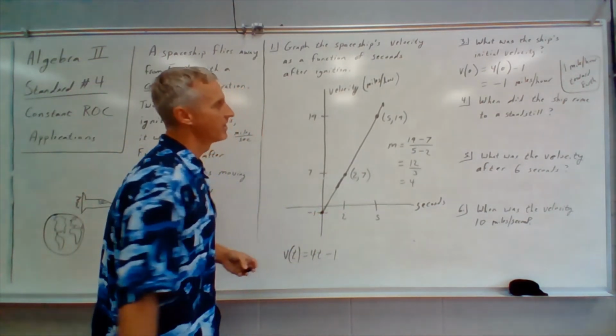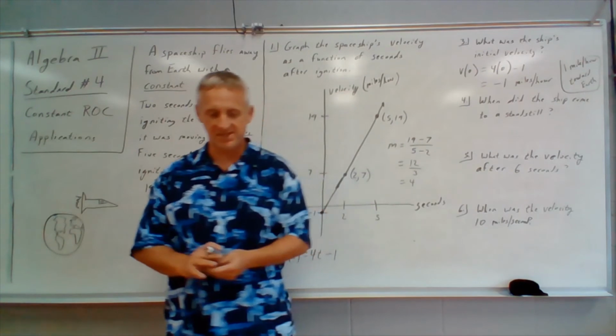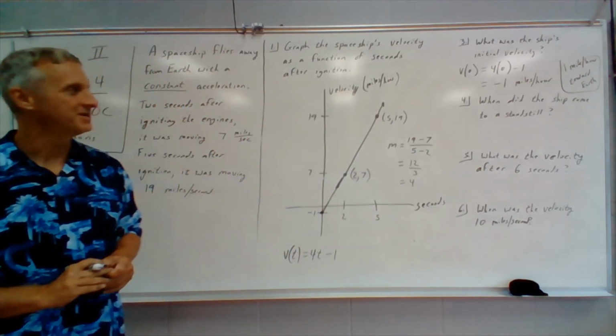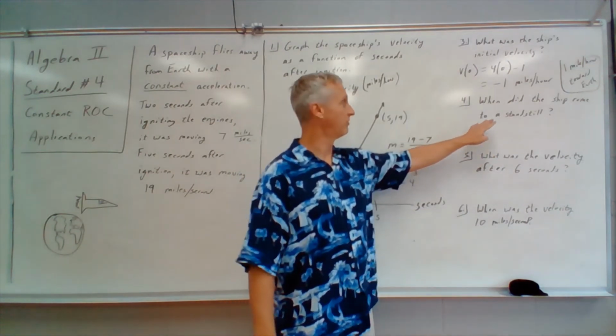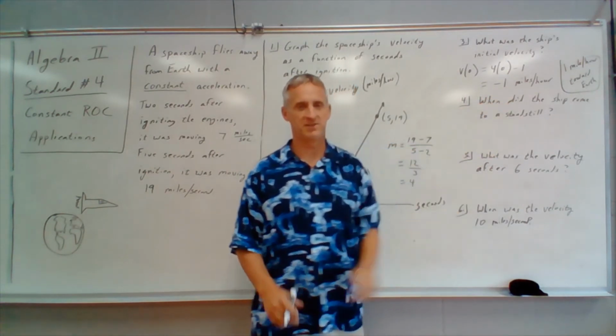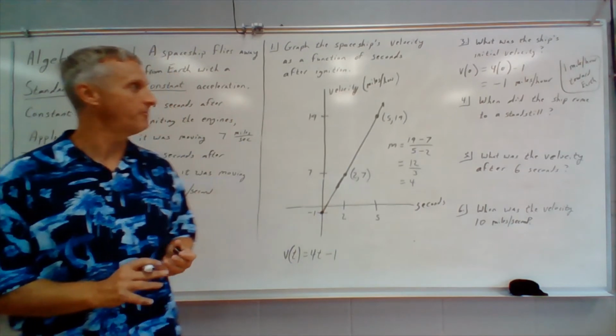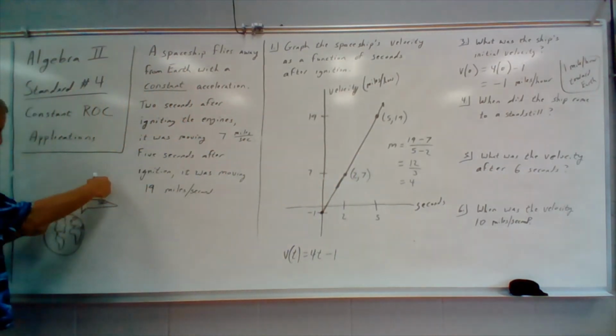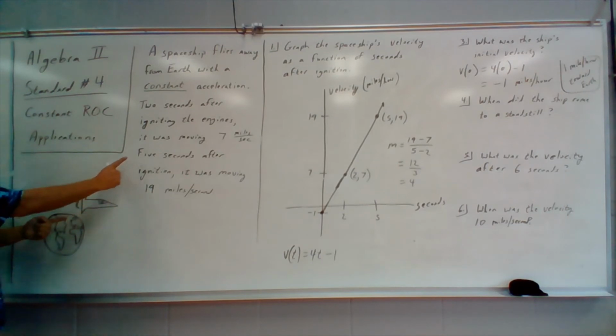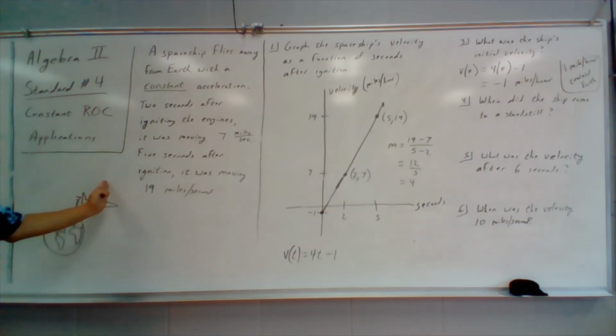All right, when did the ship come to a standstill? Maybe you didn't get this when you tried it on your own because you didn't know what the negative velocities meant. But now you know that negative velocity means I'm moving toward the Earth, and positive means I'm moving away from it.